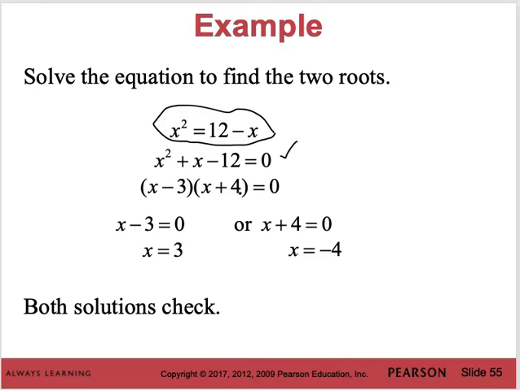Then let's factor that out. 3 times 4 is 12. One of them has to be negative. The one with the larger absolute value is positive, because our middle term's positive. So 3 is negative, 4 is positive, and then we can set both of those equal to 0, solve for x, and check both solutions. And they do both work.